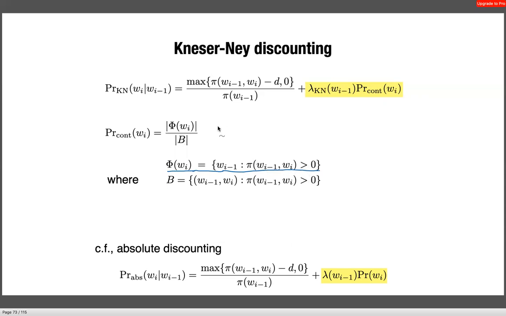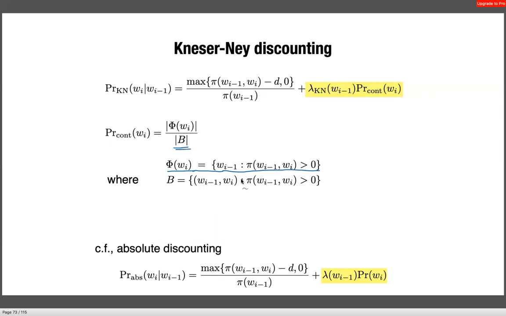Okay, so it's the size of this set phi, which is defined as follows for wi, and then you normalize it in the denominator by looking at the size of b, where b is all bigrams of type wi minus 1 wi such that the counts of these bigrams are greater than 0. Okay, so that's the normalization.